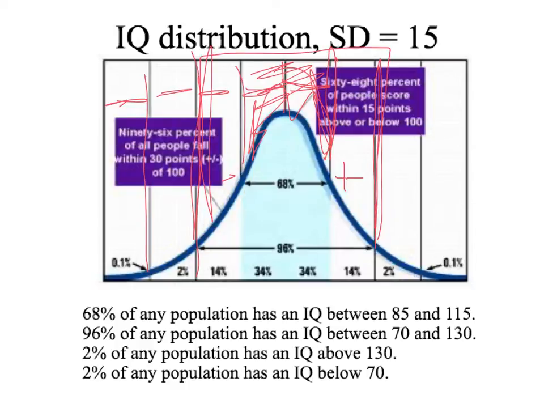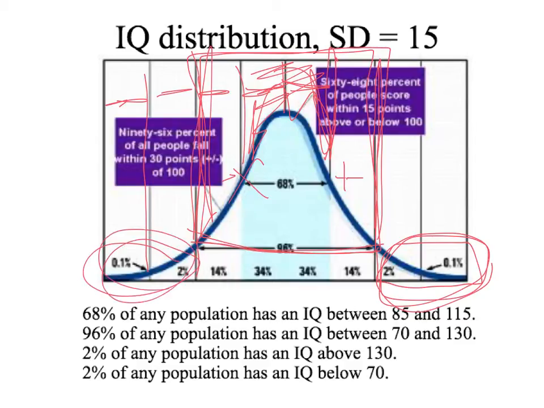we know that 96% of the population falls into this box. It's 2 standard deviations away from the mean. So it's 1, 2. And when we get to these outliers here, these would be the individuals who have the highest, most exceptional mental capacities, and out here are the people who have the most limited intellectual capacity.